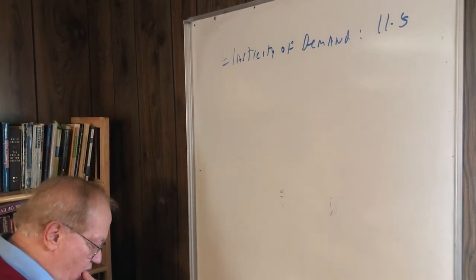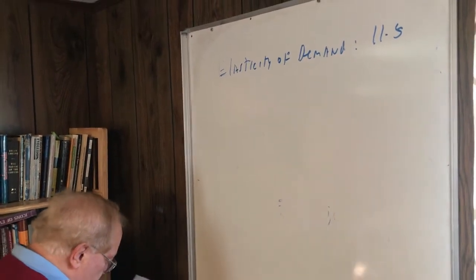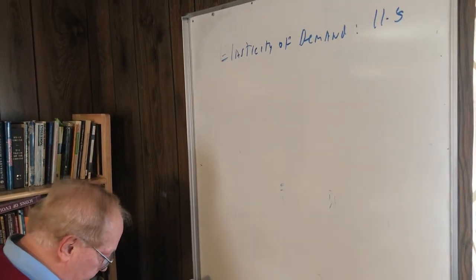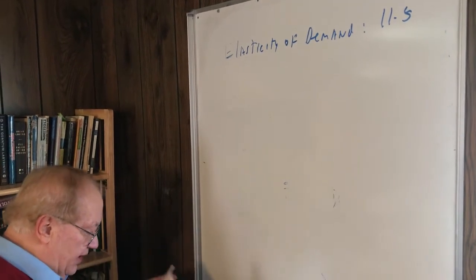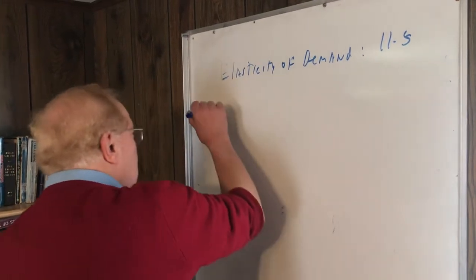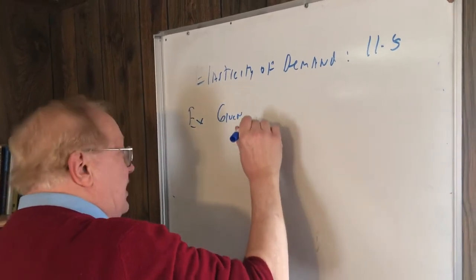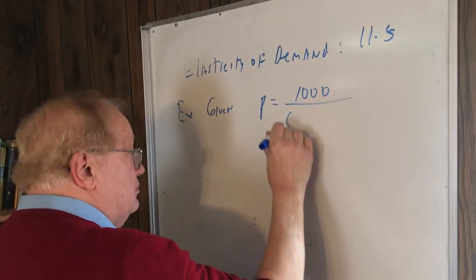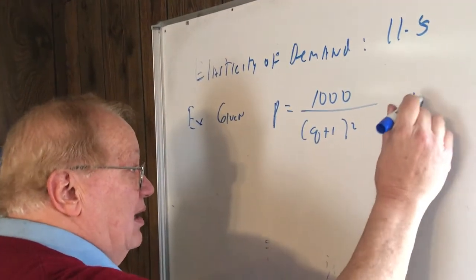So let's put a problem down. We probably won't be able to finish it today, but let's put another problem down where we want to find elasticity of demand. And I'm just going to start where we left off, and here we are. Okay. So, example. Given P equals 1,000 over (Q plus 1) squared. And I know that P is 19.